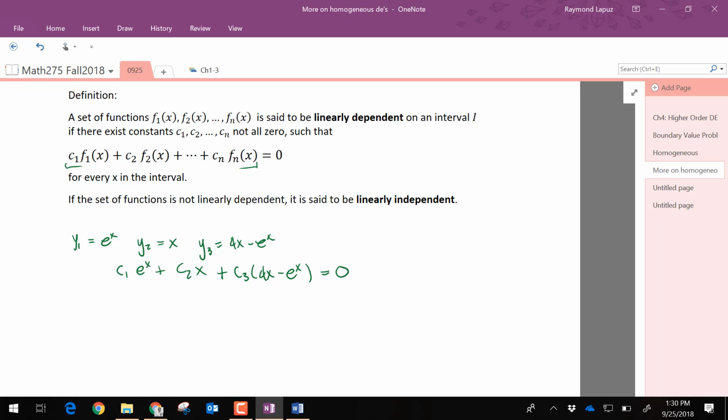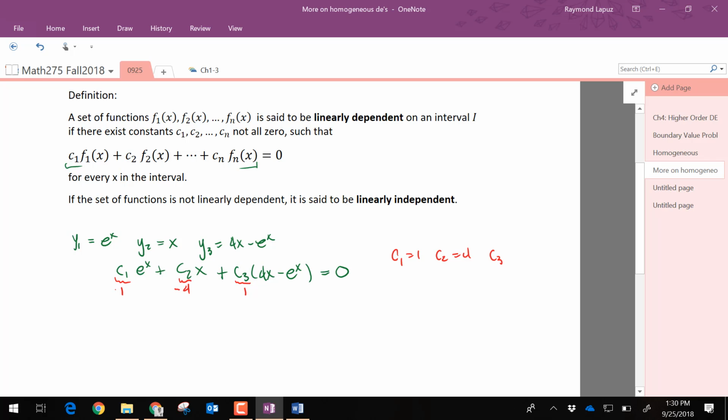So can we? What? This would be what? 1. And what would C3 be? 1. So C1 equal to 1, C2 equal to 4, what?